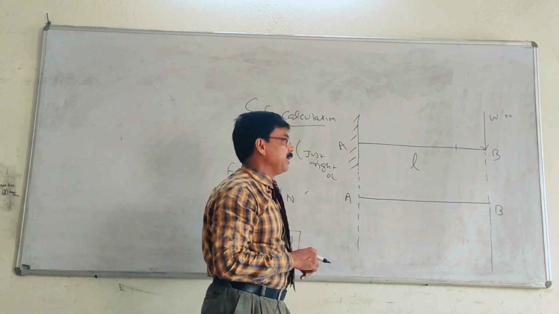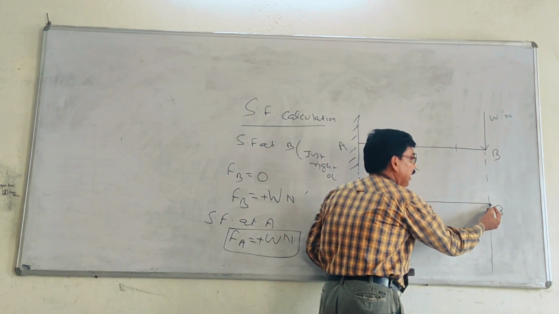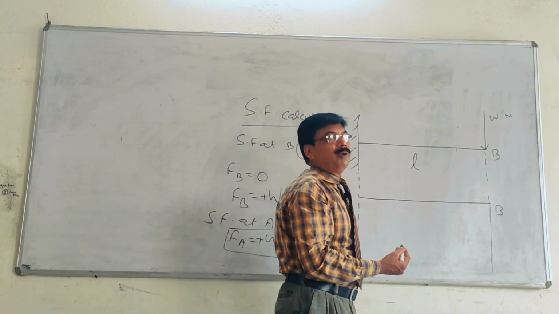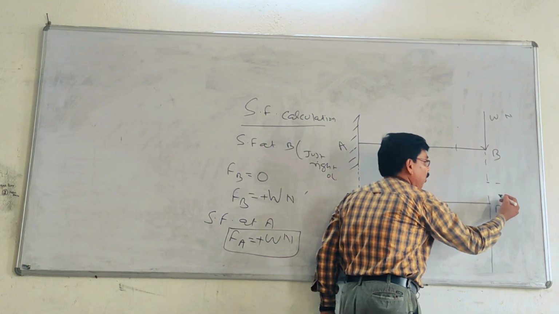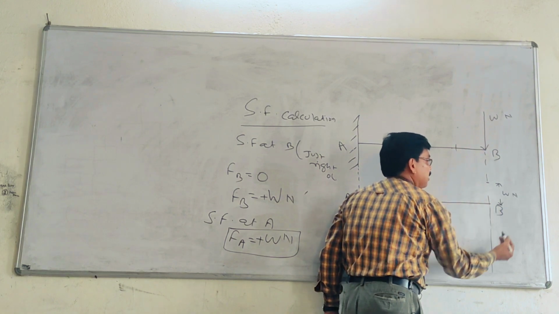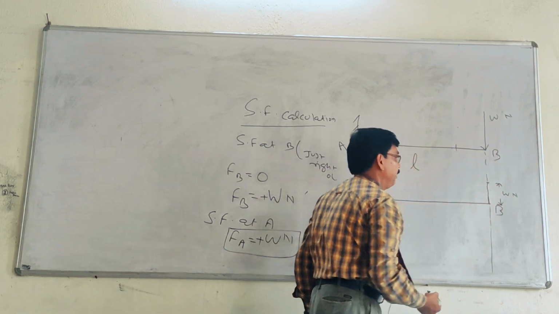Shear force right of B is 0, and 0 means baseline. Baseline is the reference line 0. Shear force left of B is W Newton. So mark here any distance representing W Newton. It is not to scale, just mark W Newton and join this.